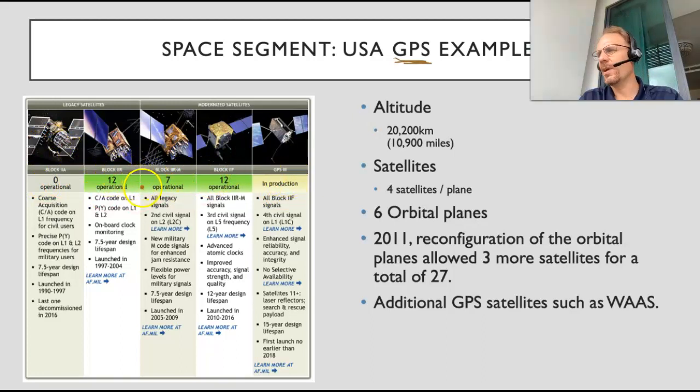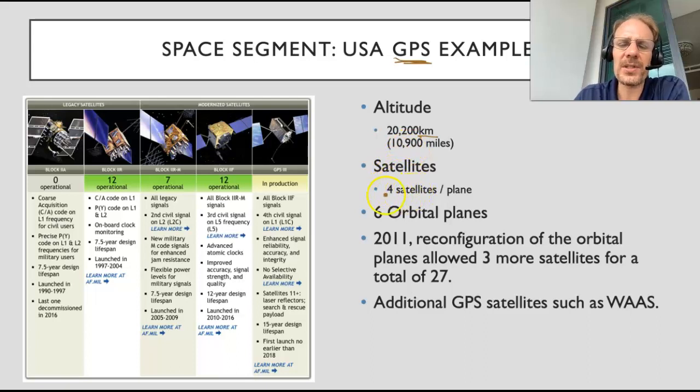We update them, kind of like your cell phone. If you have an Android or an Apple cell phone, once a year they update the phone with a new operating system. It's similar here. As the satellites get old, they have to be replaced, and so they update them with new satellites. These satellites are 20,200 kilometers above the Earth's surface.